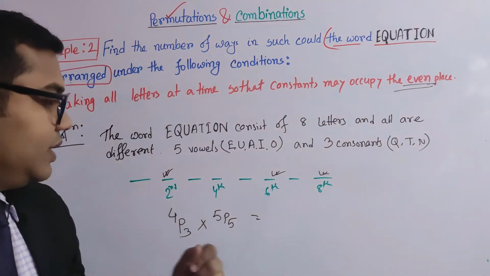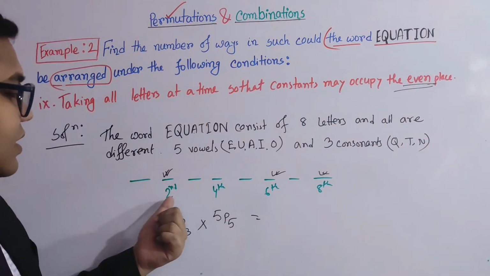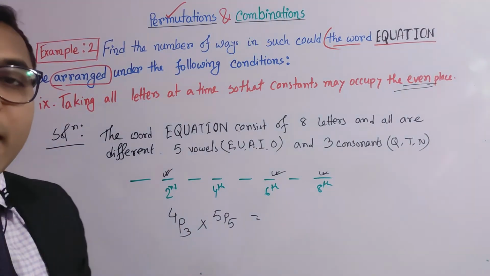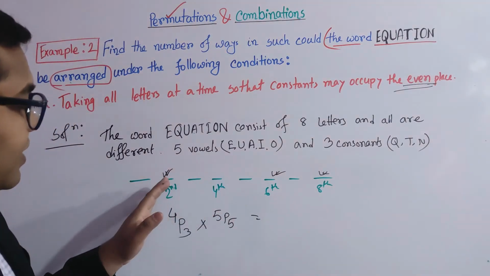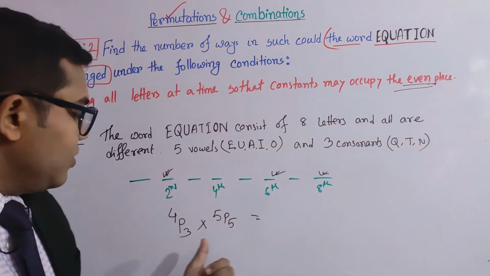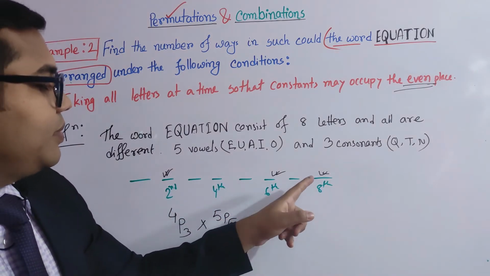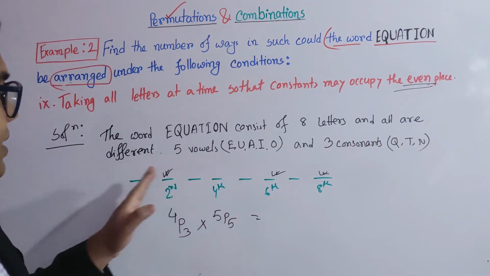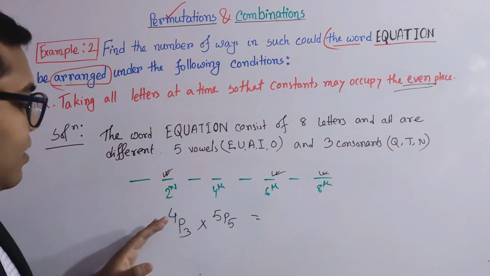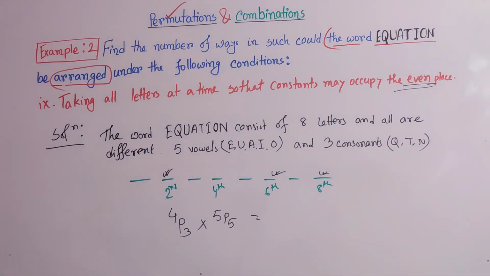First of all, we found the even places, that is 4 even places, and in these 4 even places 3 consonants have been placed. If, for example, these 3 places have been selected for the consonants, how many places are empty? 1, 2, 3, 4, 5. So in these 5 places our 5 vowels will be placed, then we'll get our answer. Okay, that is how we can solve question number 9.